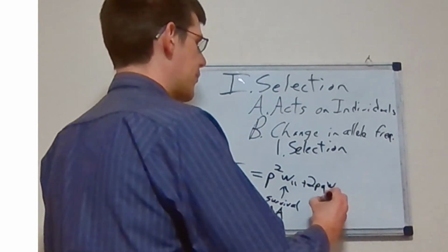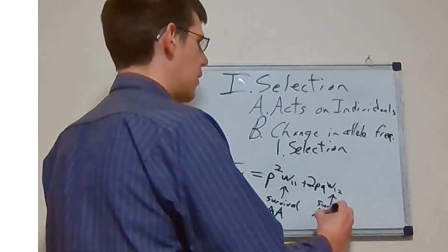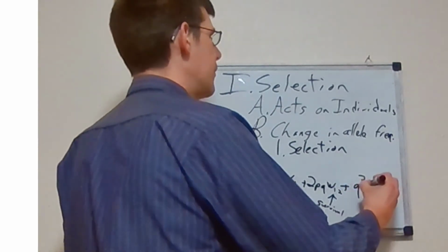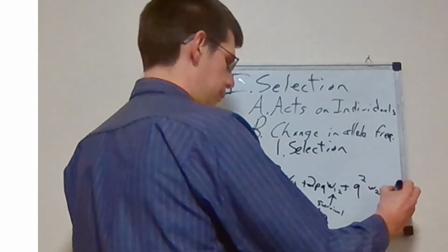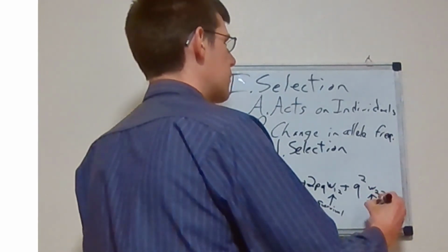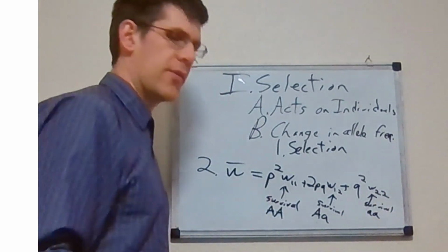And that there is the survival of your heterozygote. And you can probably guess it's coming. Yep, that's right, a q squared with w, and it's wearing a tutu. And that's going to be your survival, of course, of your homozygous recessive.